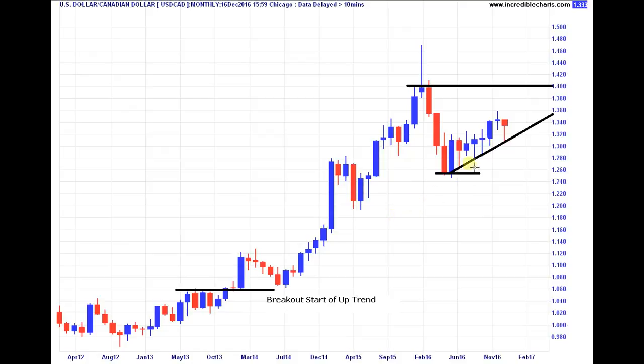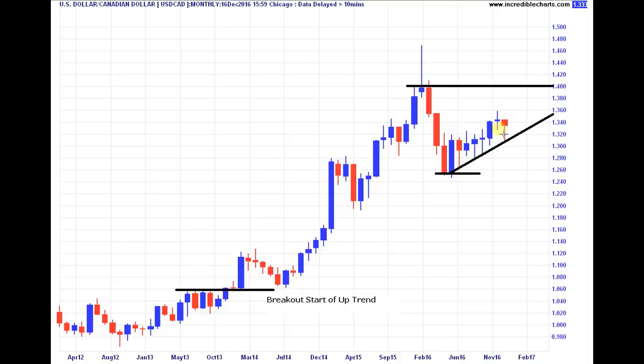If you look at the upsloping trend line, this first candle finds support, then these candles find support, and you'd expect this month's candle to find support here as well. That's what we were assuming, and it's also the bottom of this body here.